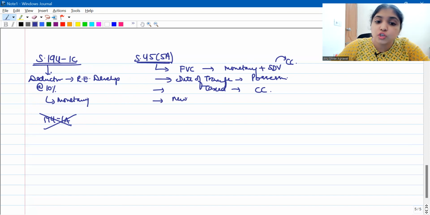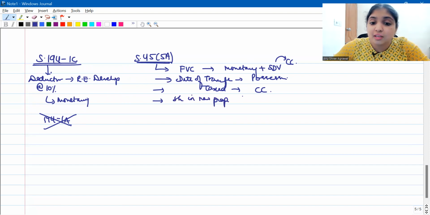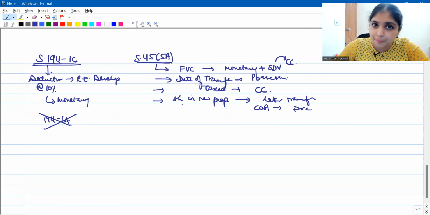The share in the new property: it's a joint development agreement, so the buyer will definitely be getting a share in the new property, right? If he later transfers this share, what will the cost of acquisition be? Cost of acquisition will be nothing but what was the component of the share in the new property earlier in the full value consideration.